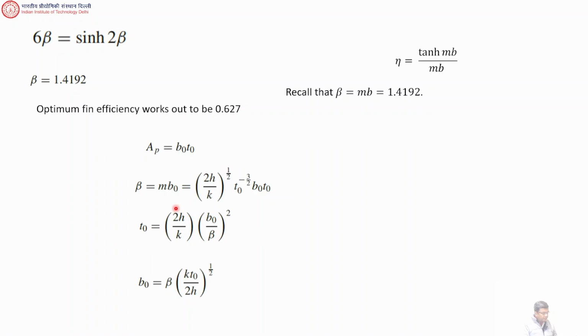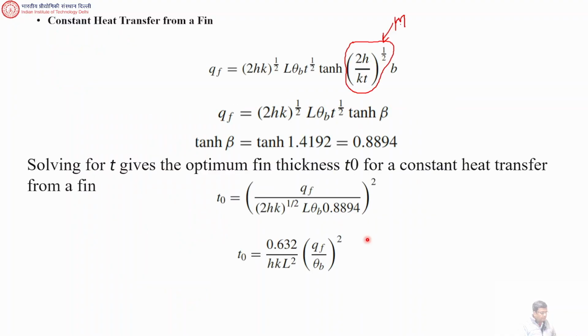So from this expression you can get t naught in terms of beta. Beta is not a problem because beta is 1.4192; we've already obtained that. And we can also get b naught from this expression. These are the expressions when you had a prescribed value of Ap.